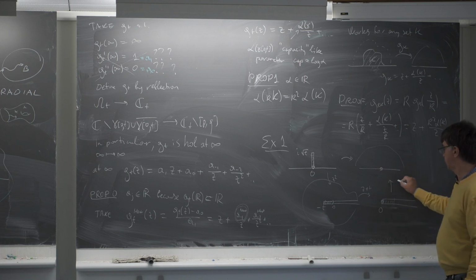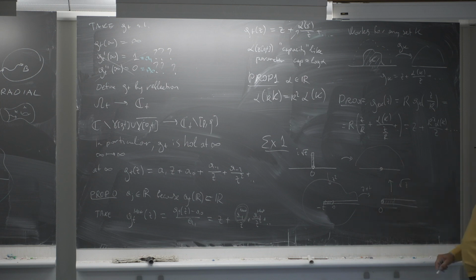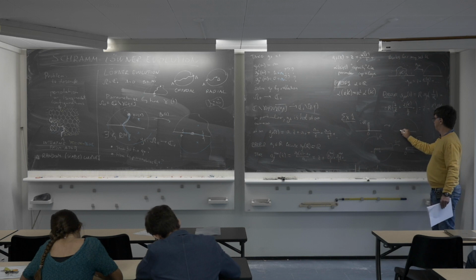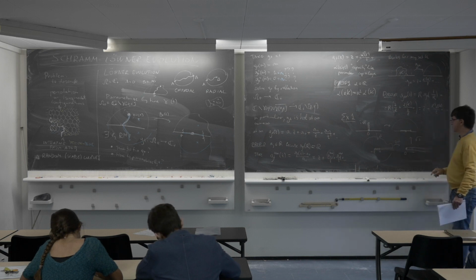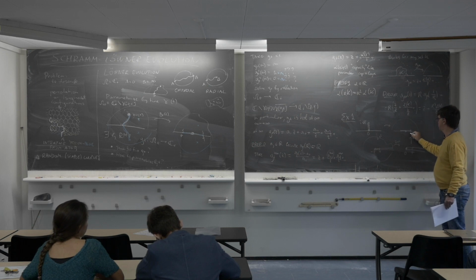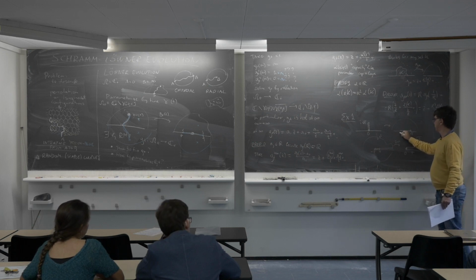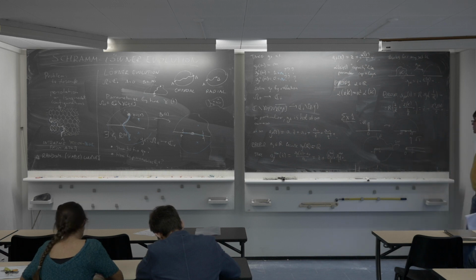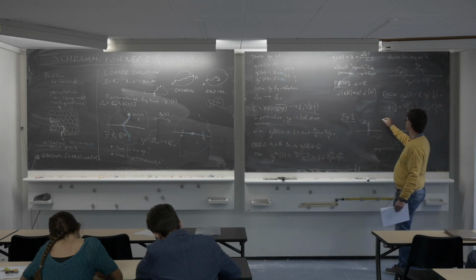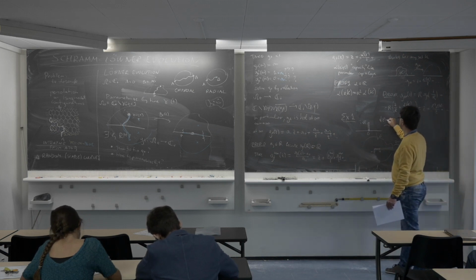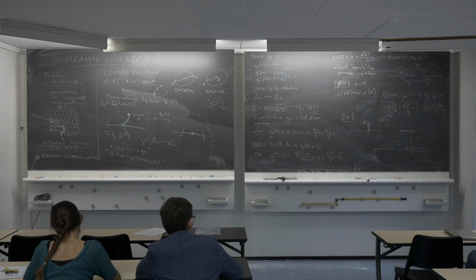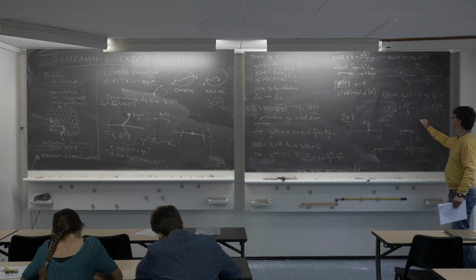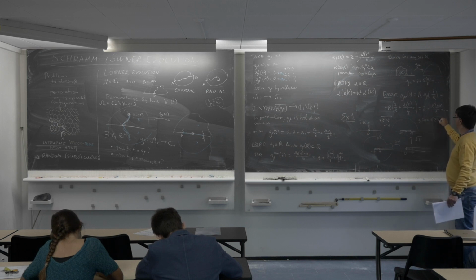Then you can employ square root of z to get here. You will get a map which again opens this up, and this slit of height square root of t is mapped to an interval from minus square root of t to square root of t. This is an example where it's easy to work out. So the map in this case is square root of z squared plus t, so g_t of z is equal to square root of z squared plus t.